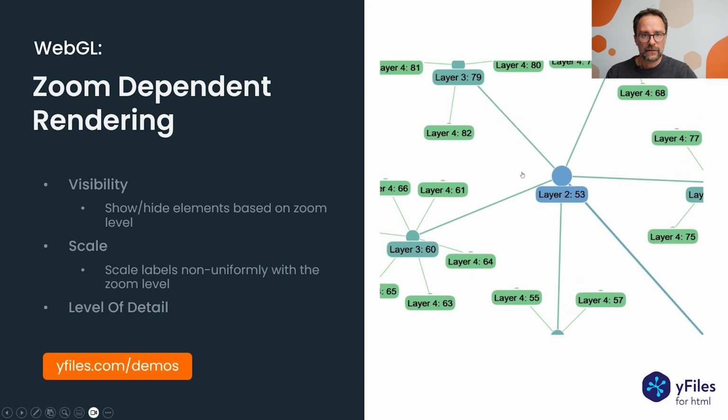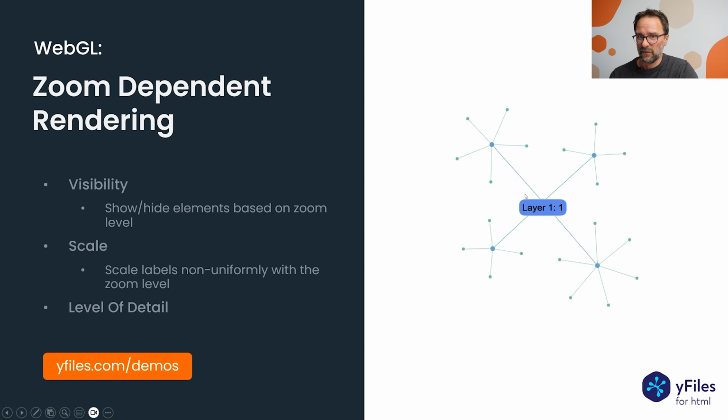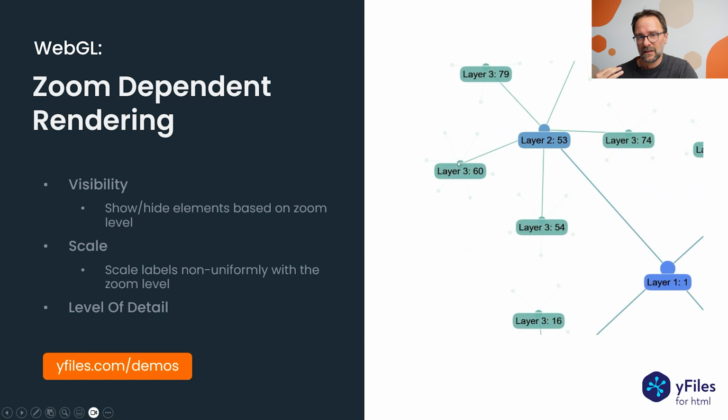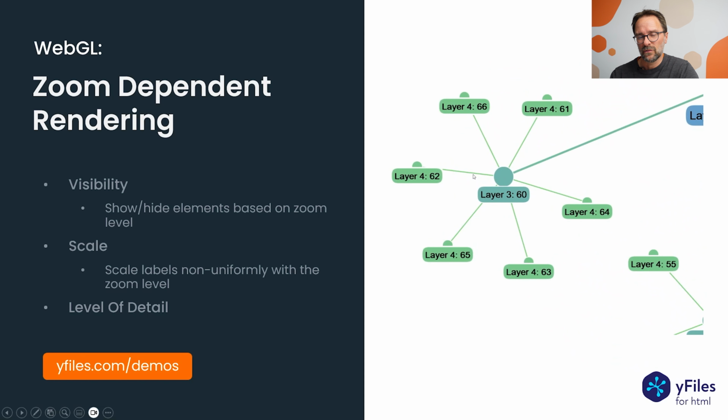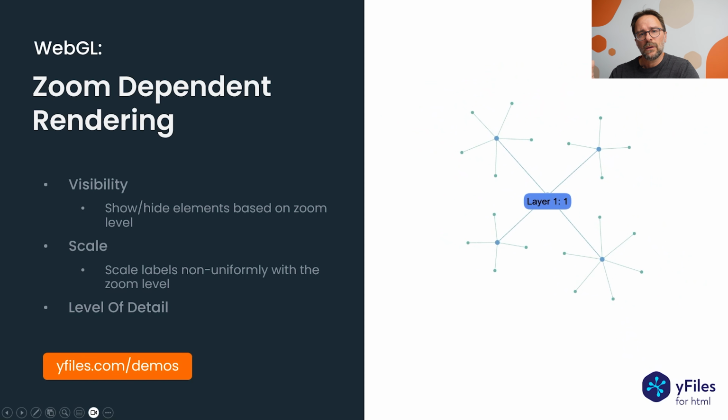So another feature that's available with WebGL, and which we found is something that you as a user want to use, is that due to WebGL being used for really large graphs typically, you need to zoom into the graphs to explore them.